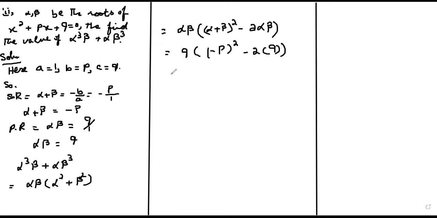So this will be q, p square minus 2q will be our answer. Right, I hope you understand it well, and we'll do the third part as well, okay?